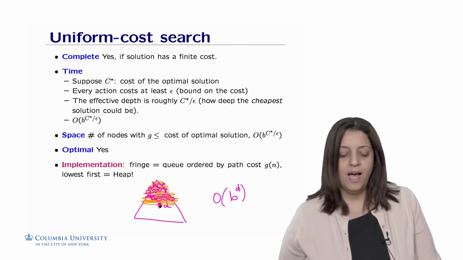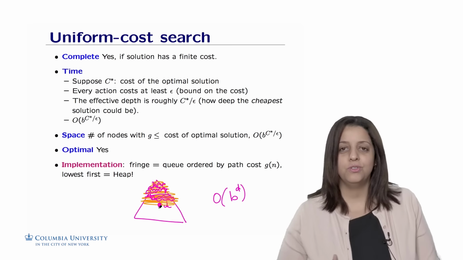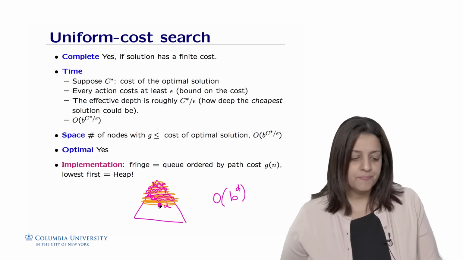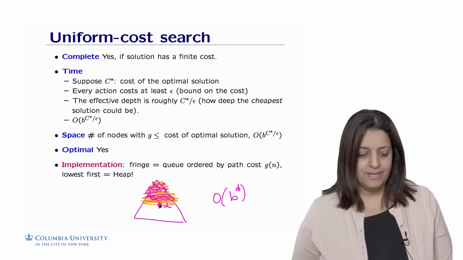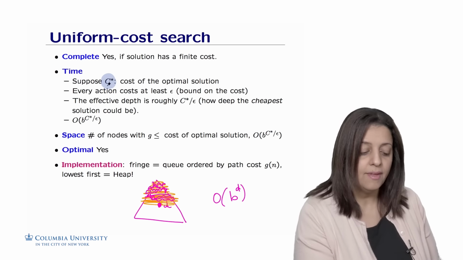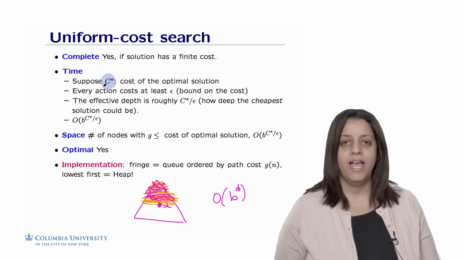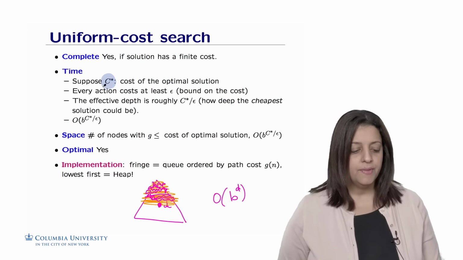Actually, here, how can we define D? D is not really defined as a specific level because we are going to move through the search space based on different costs. So we're going to estimate it. The way to estimate it is, first of all, let's suppose that C star is the cost of the optimal solution, which would have some number of kilometers.